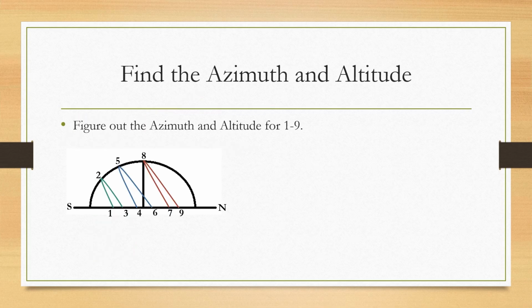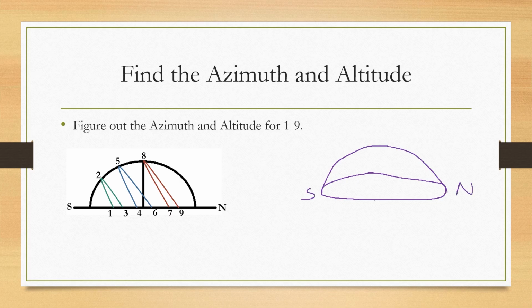Now let's talk about azimuth and altitude. Let's figure out the azimuth and altitude for numbers 1 to 9. All right. So, if we're going to make this a little bit easier for you, we're going to draw it like this. Here is the north, the south, the eastern side, and the western side. This is essentially what we're doing.